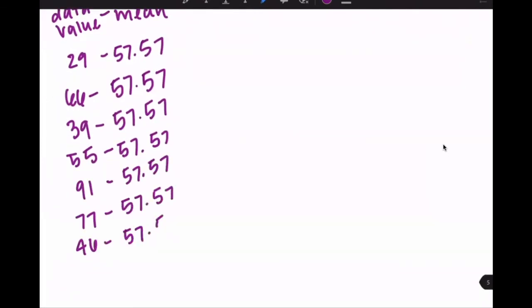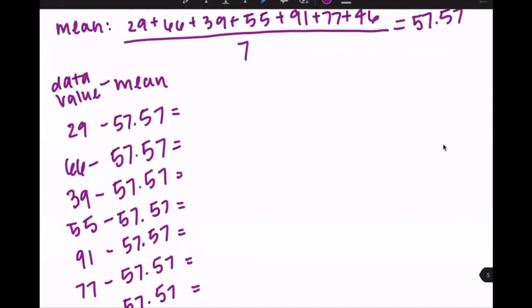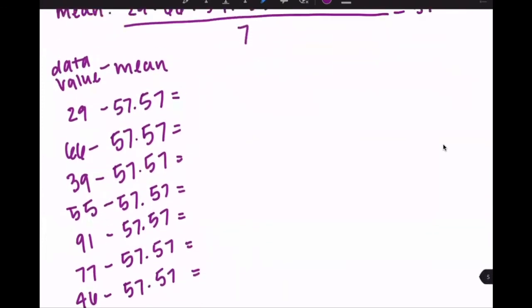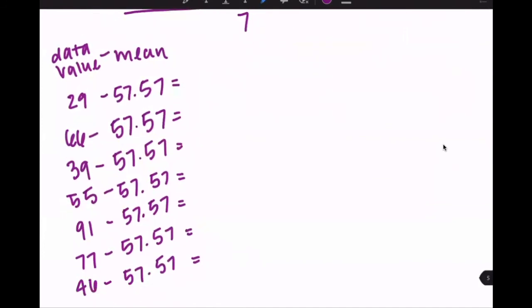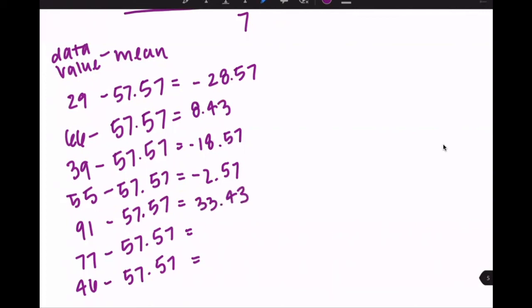All right. So I have listed out all of our data values. The next step is to do the subtraction. So everyone go ahead and do your subtraction. All right, so next what we're going to do is square each of these numbers.